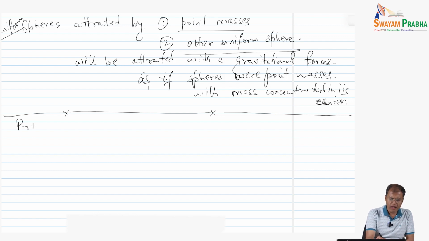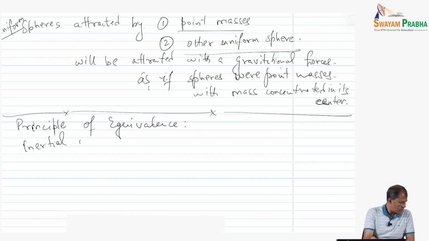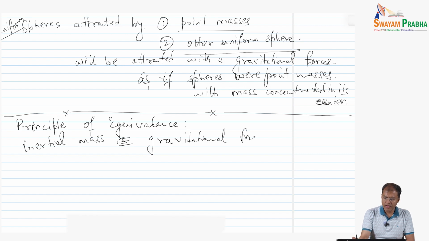The principle of equivalence says that the inertial mass of an object is identically equal to the gravitational mass.